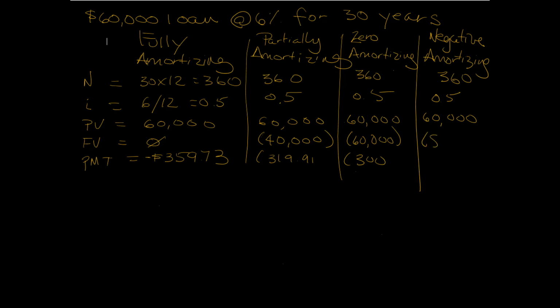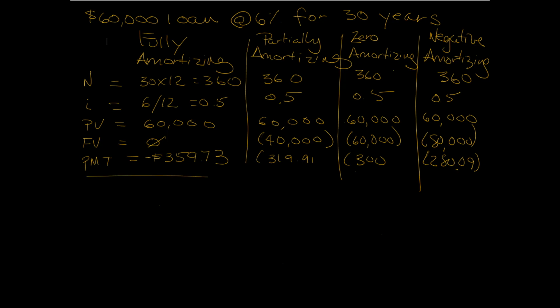Let's change gears a little bit and calculate the loan balance at some point in the future. So now let's assume our fixed rate mortgage of $60,000 at 6% for 30 years is going to be repaid after 10 years. So let's find the balance after 10 years.